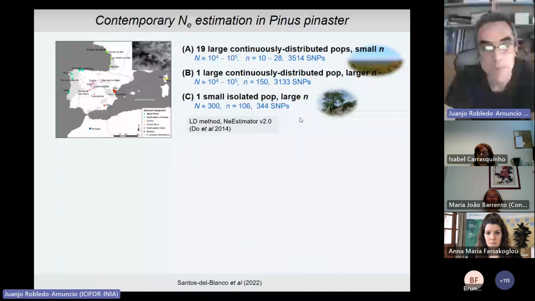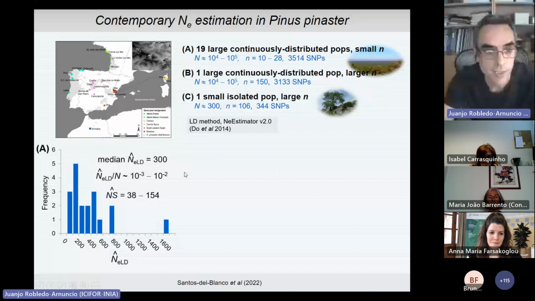Here are some examples that we did of estimating contemporary NE in large populations in Spain: 19 large continuously distributed populations with small samples of 10 to 28 individuals, one large population with a somewhat larger sample size, 150, and then a small isolated stand where we sampled 100 out of the 300 standing individuals.